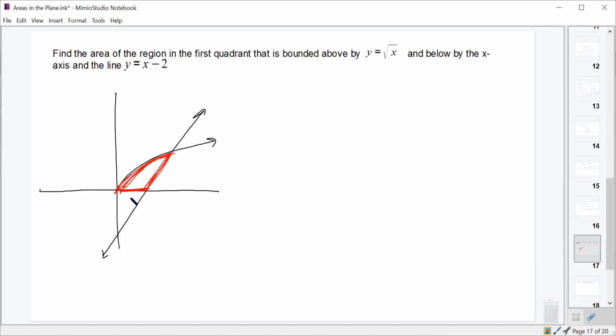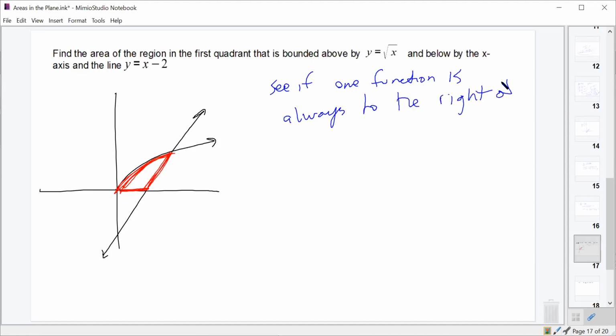So what we want to do is try to integrate this in terms of y. So we are going to see if one function is always to the right of another function for all y values in the region.